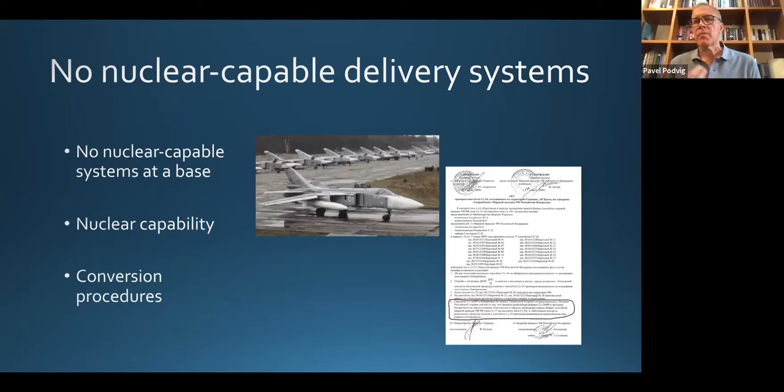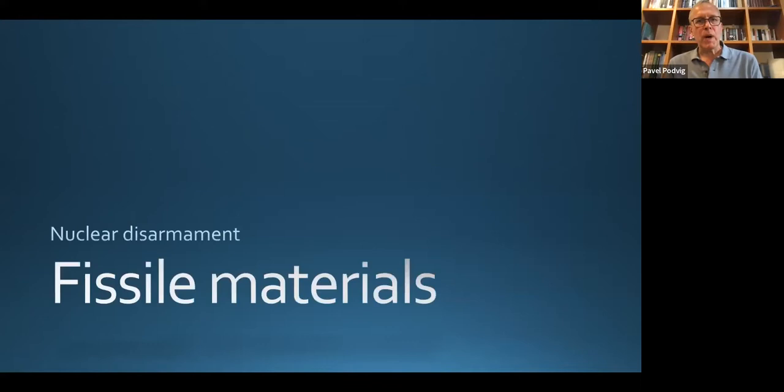There was an interesting example of an agreement between Russia and Ukraine back in the day, when Ukraine was able to verify that Russian aircraft deployed in Crimea, when Crimea was firmly under Ukrainian control, were not nuclear capable. They literally would go to the cockpit and check that there is no arming equipment installed. So they were able to develop a protocol that would do that.